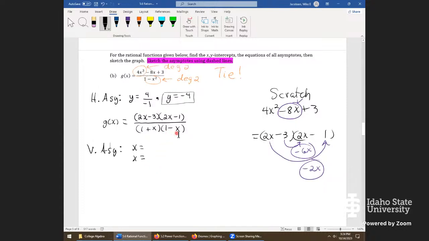Exactly. From 1, the problem is right here. You can't put a 1 in that location. You divide by 0. Likewise, you can't put a negative 1 there. You have 0 in the denominator for the same reason. Whole thing is undefined, meaning they're not domain elements, meaning they're vertical asymptotes on our graph.